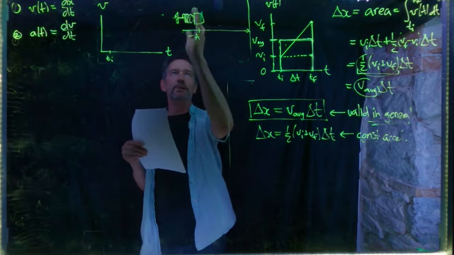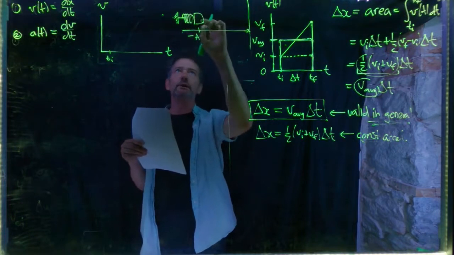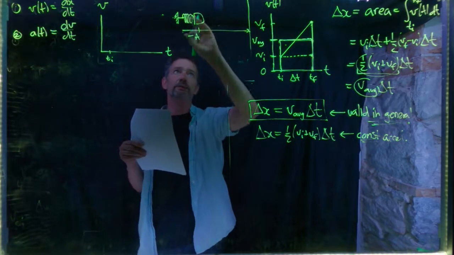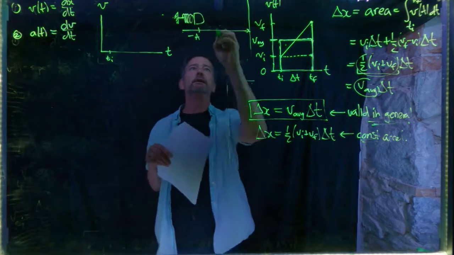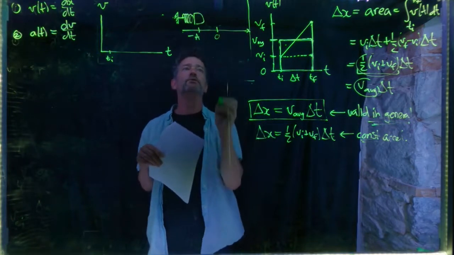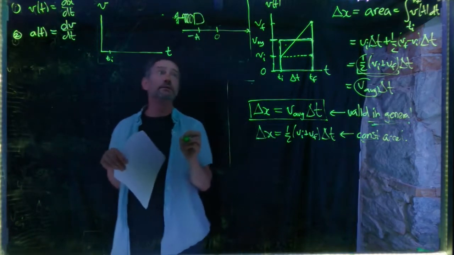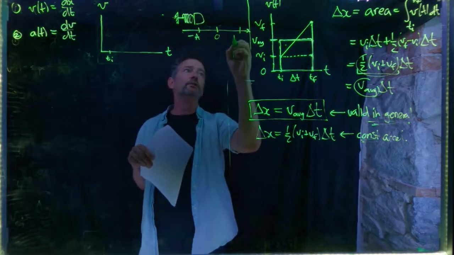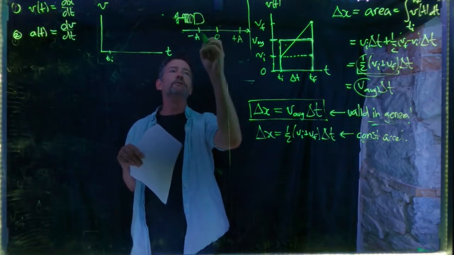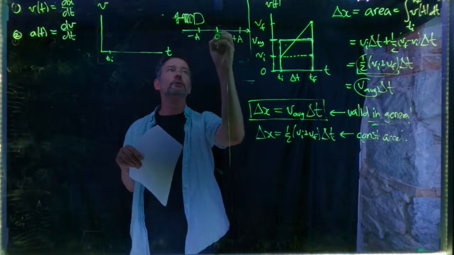It's momentarily at rest, and then that force is going to be pushing to the right. It's going to be accelerating that mass, and later on that mass will pass through x equals 0. And then it will continue on to x equals plus a. We're interested in the time interval from here to here.